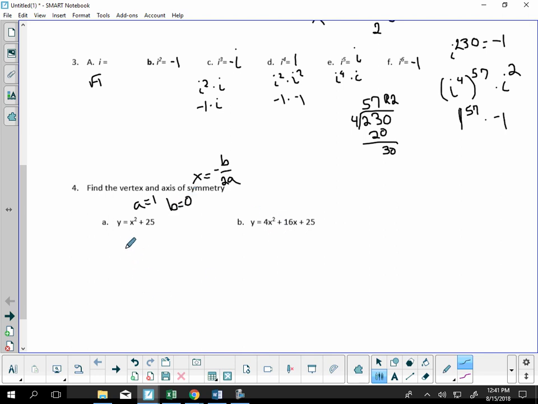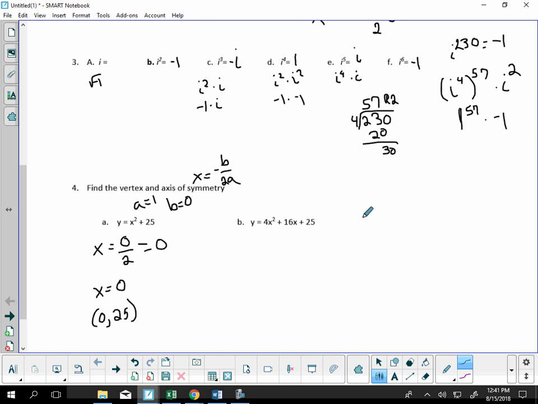So when you do that, you get x equals 0 over 2, which is 0. So my axis of symmetry is x equals 0. You plug that back in to get your y coordinate, and we can do this in our head. 0 squared plus 25 is 25.